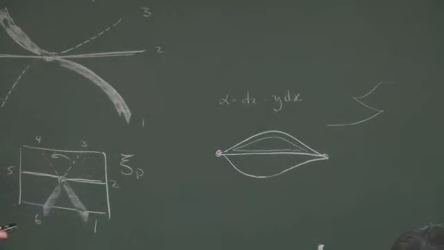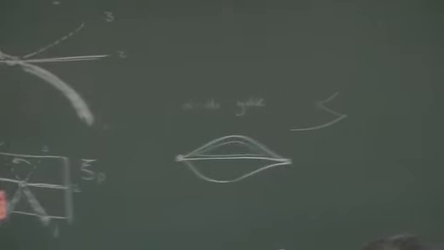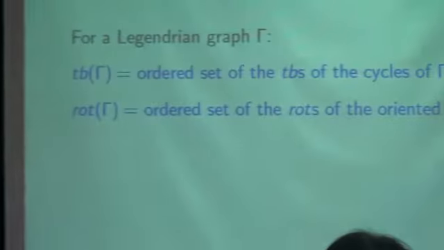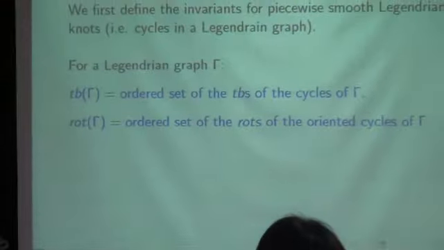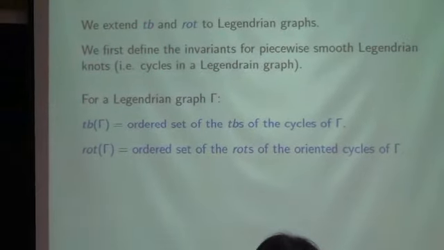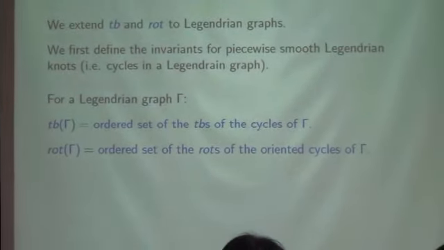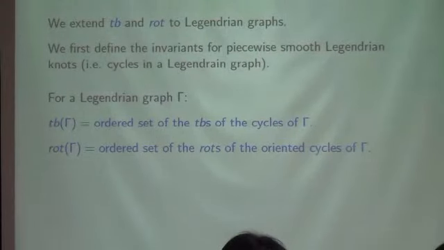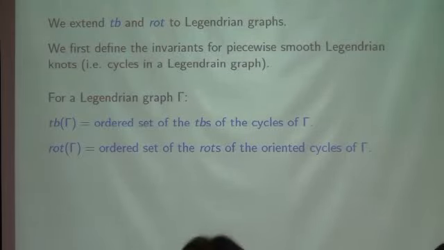So to define a TB and rotation number, first we define it for a piecewise smooth Legendrian knot. So we extend it in this way, which is actually very natural in the case of the Thurston-Bennequin number, because we took this push off and then the linking number. So this can be done immediately. It's exactly the same. But the rotation number is more subtle.